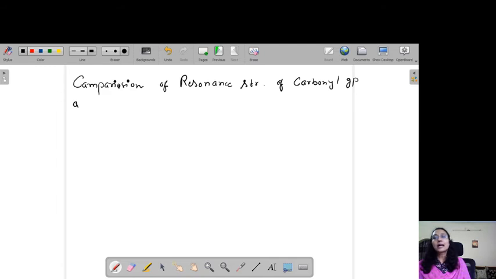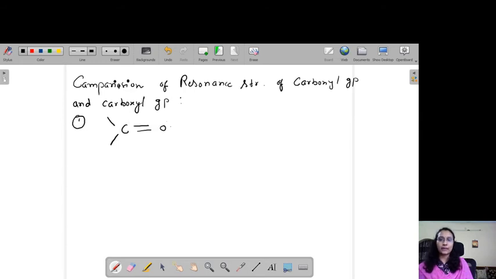and carboxyl group. Okay, carbonyl and carboxyl group, they can be written as, okay, first we will discuss the carbonyl group. We know how we can write C double bond O. This oxygen is carrying a pair of electrons.